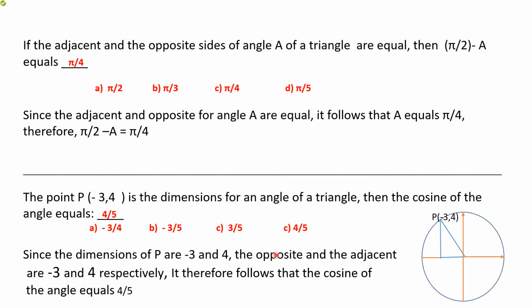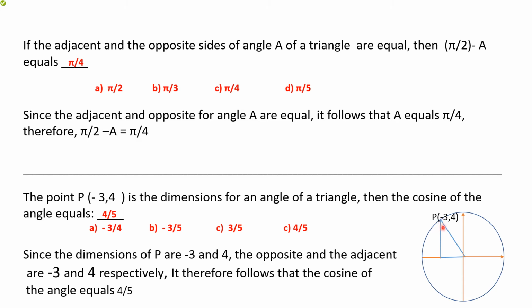Here is a circle. This is the x-axis, this is the y-axis, this is the point P. Since anything to the right of the y-axis is positive for x, and anything to the left of the y-axis is negative, this point is -3. This point has x equal to -3, y equal to 0. This point has x equal to -3 and y equal to 4.